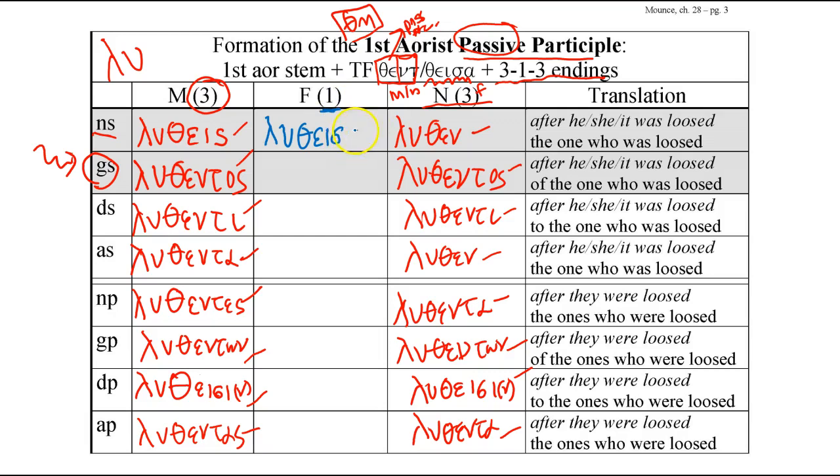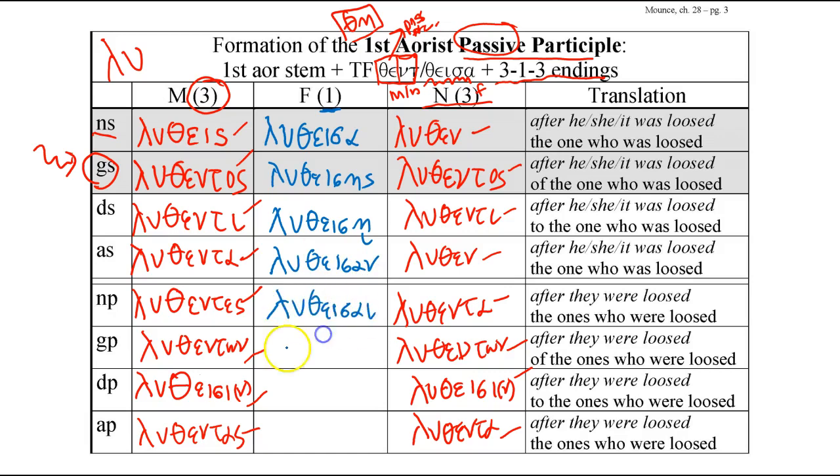So it's lu, the, sa, lu, the, ses, lu, the, se with iota subscript, lu, the, san, lu, the, sai, lu, the, son, lu, the, sais, and lu, the, sas. And that's your feminine forms.